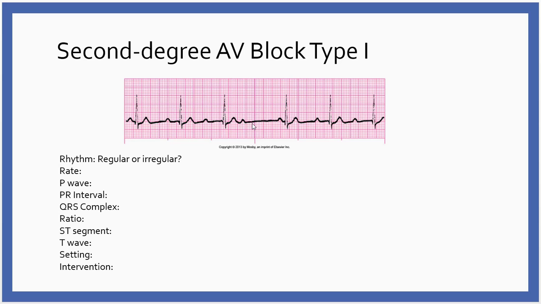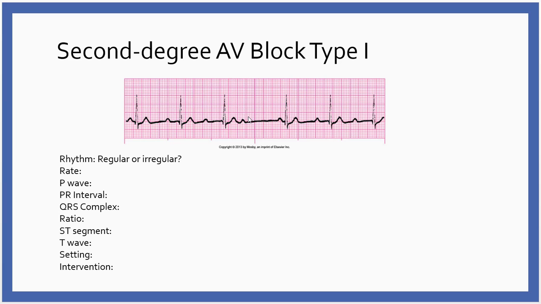Then I've got P wave, P wave, P wave, and so I've got this extra P wave hanging out by itself. So that's the other clue that it's either a second or a third degree heart block. Remember that first-degree and third-degree heart blocks are regular. Second-degree heart blocks are irregular.